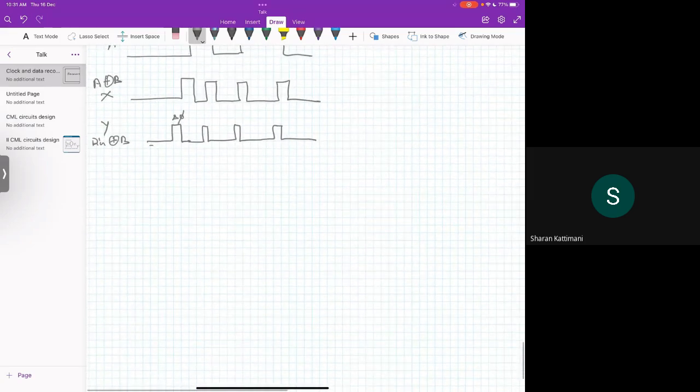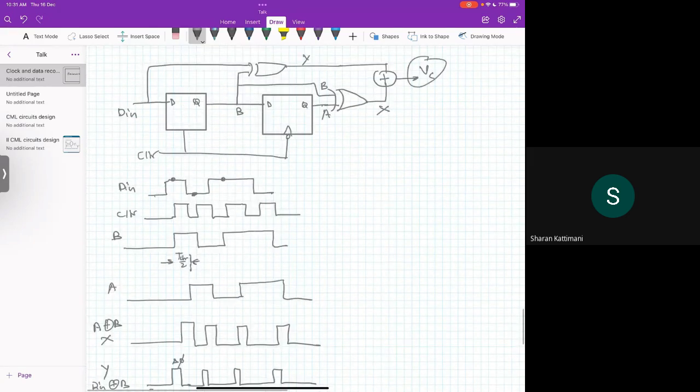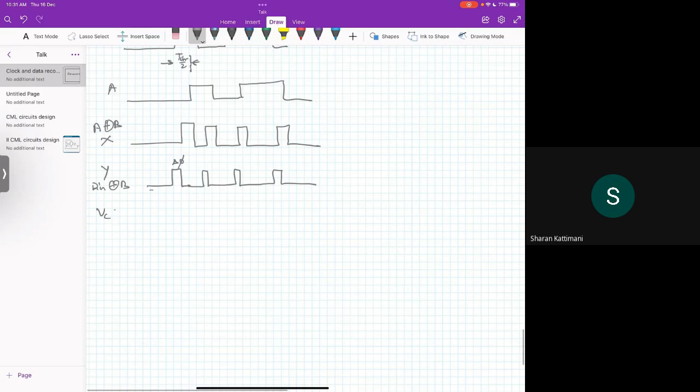Okay, so ultimately what will be the VC? This one, this is nothing but Y minus X. Okay, so we will take Y minus X for VC, and that will be something like this.